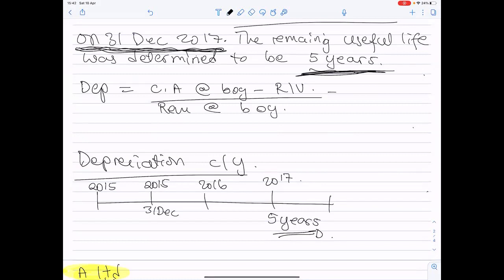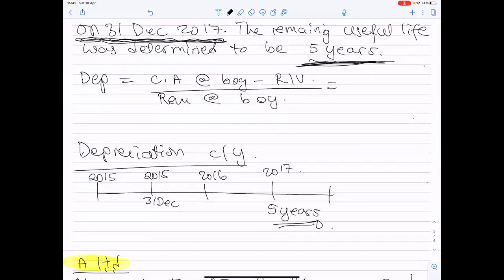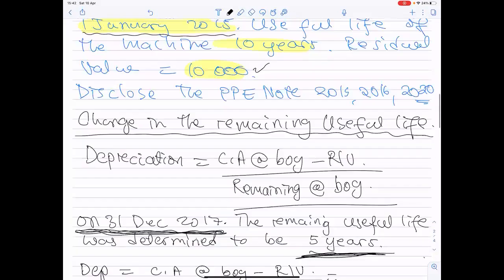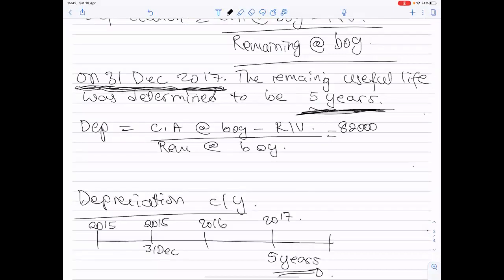Are we together? So the carrying amount at the beginning of the year is 82,000. We take out 10,000, we subtract, and we divide by the remaining useful life at the beginning of the year. What is the remaining useful life at the beginning of the year? The remaining useful life of the asset is now 5 years.